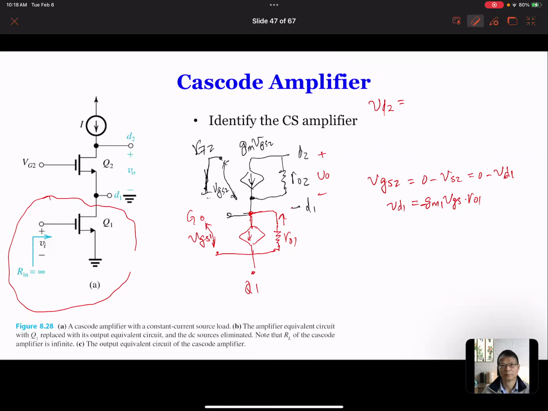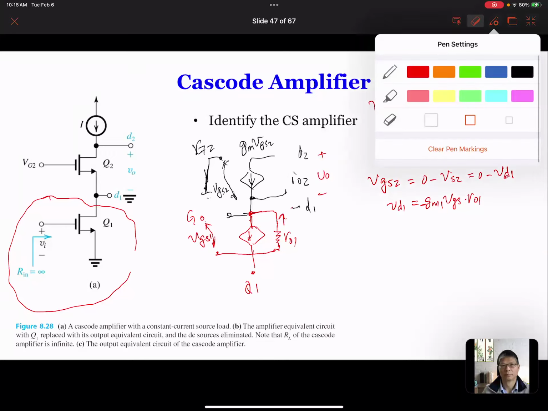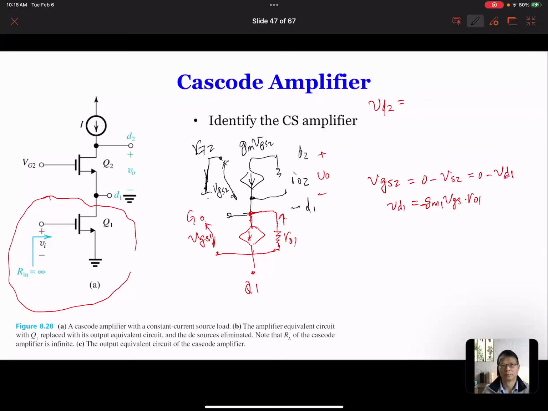Because the current here is actually up. ID2 is this way, which is equal to gm times VGS2.